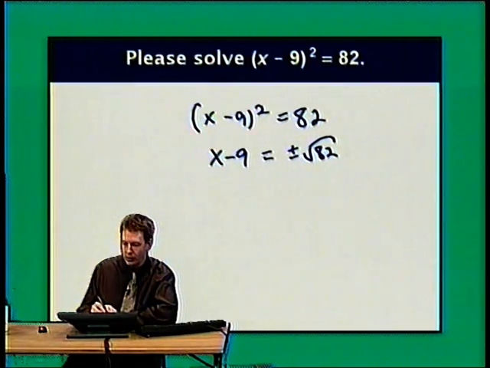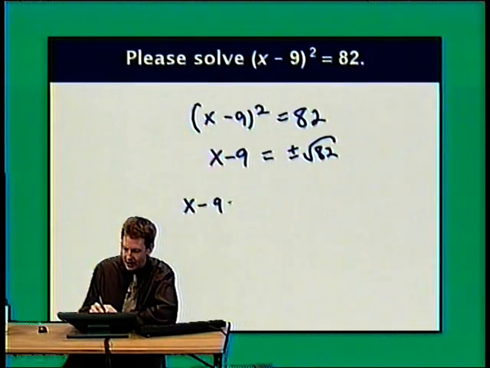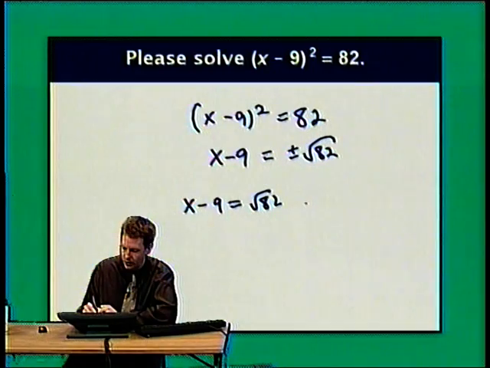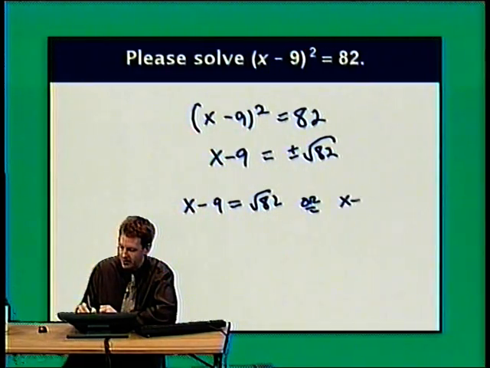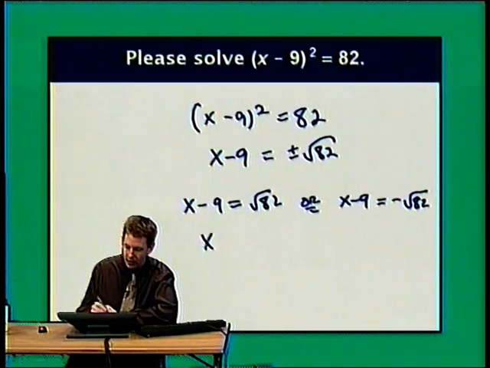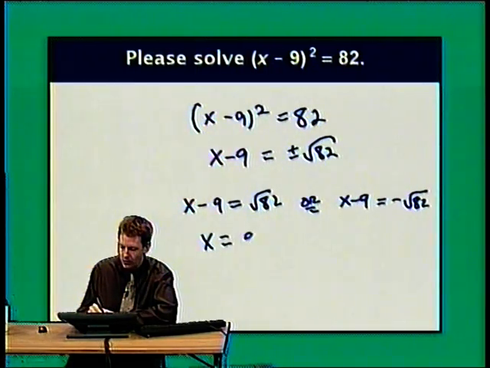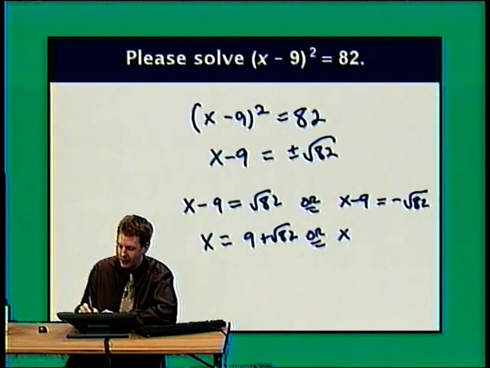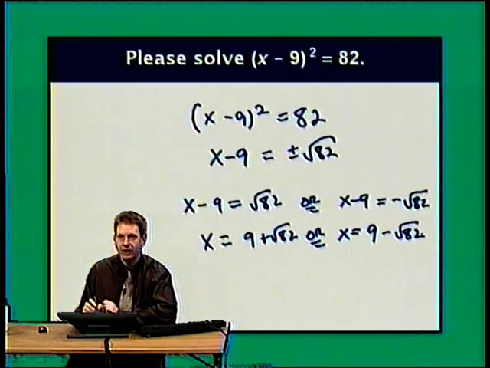So what are my two equations? x minus 9 equals the square root of 82, or x minus 9 equals negative square root of 82. Now, both of these equations I can solve by adding 9 to both sides of the equation. So I'm left with x equals 9 plus the square root of 82, or x equals 9 minus the square root of 82.